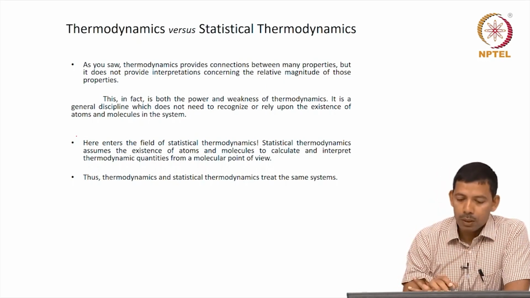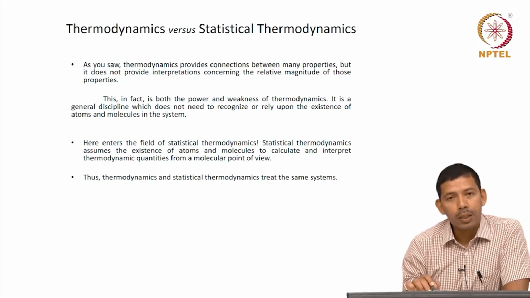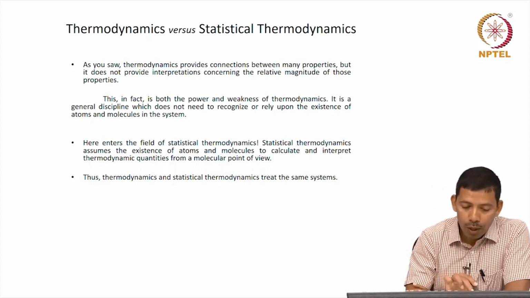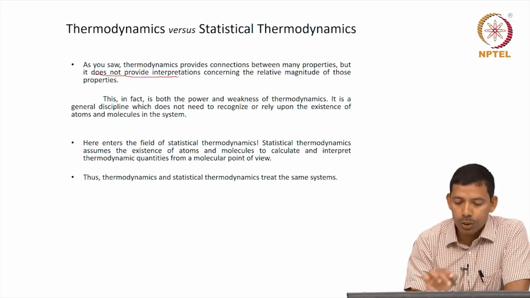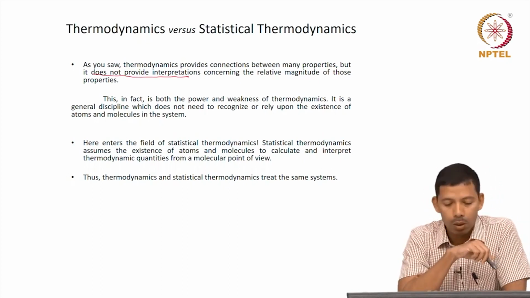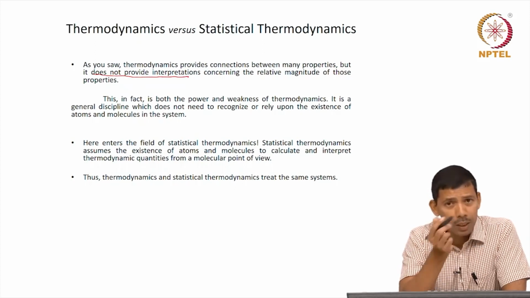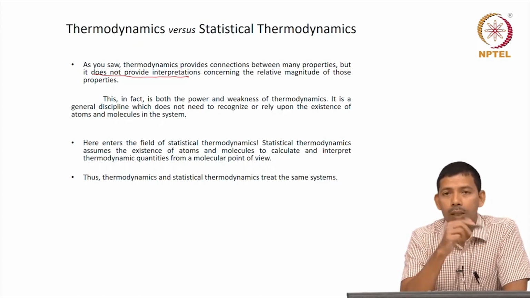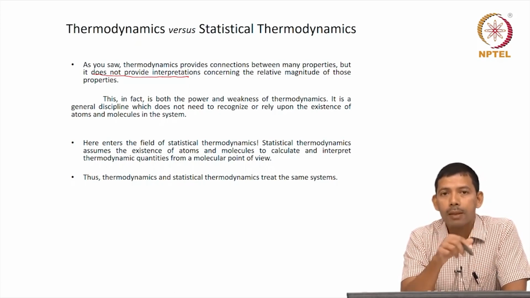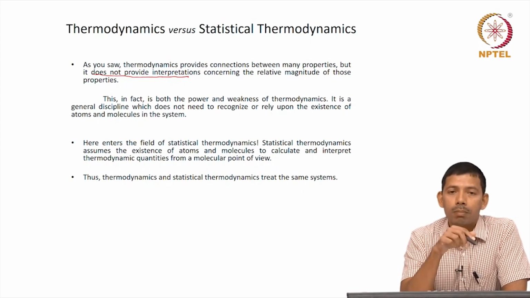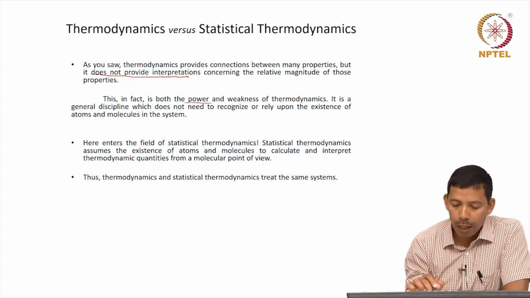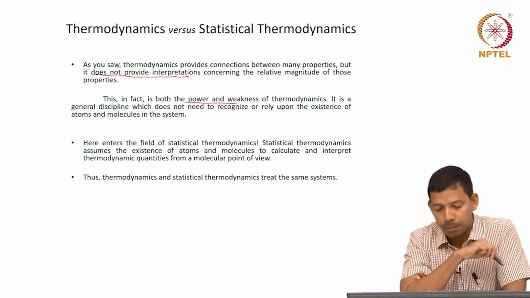So, thermodynamics provides the connection between many properties, but it does not provide interpretation concerning the relative magnitude of those properties. It doesn't say why delta H is so much, why delta S is so much, why the work done by the system is so much, and so on. This in fact is both the power and the weakness of thermodynamics.